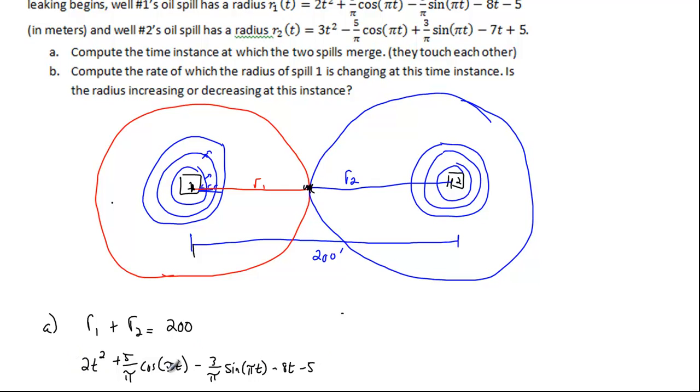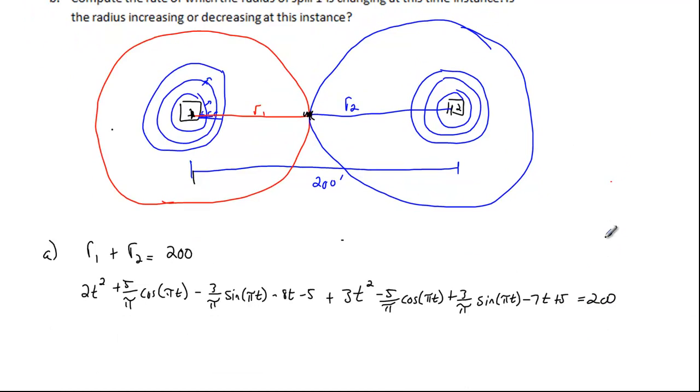This I got directly from the problem, plus R2, which is 3t squared minus 5 over pi cosine of pi t plus 3 over pi sine of pi t minus 7t plus 5, and this is still equal to 200.